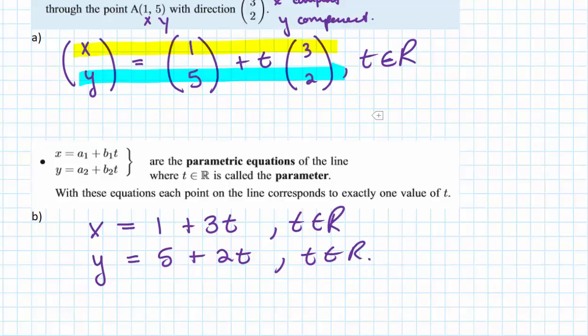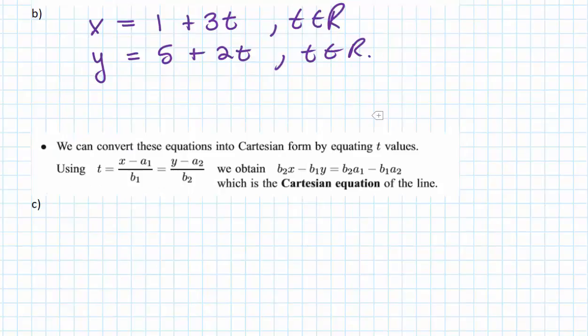What's good about these equations when they're written in parametric form is that we can find the point that corresponds exactly with one t value just by subbing it in and then finding the x and finding the y. Now taking the parametric equations, we can actually find the equation of a line.